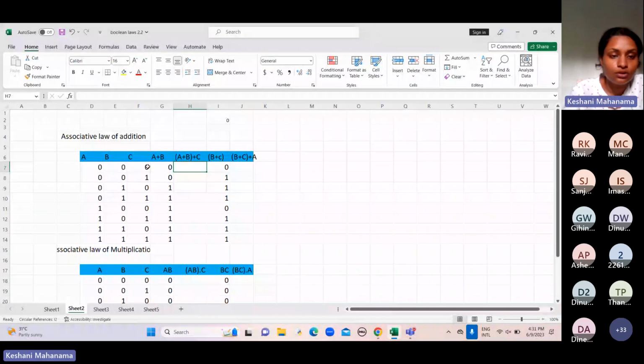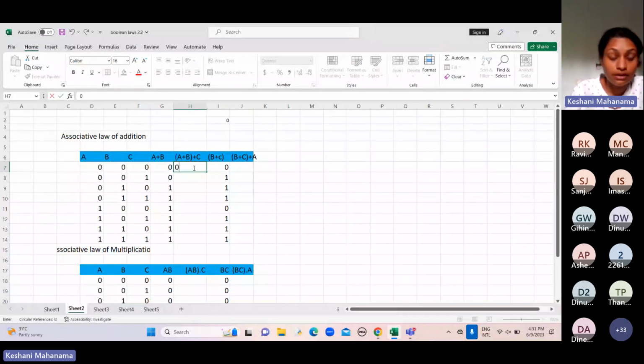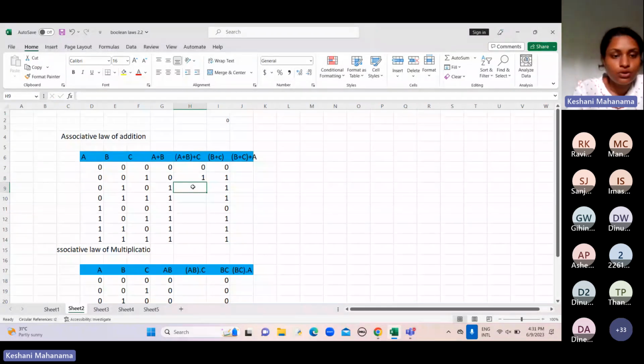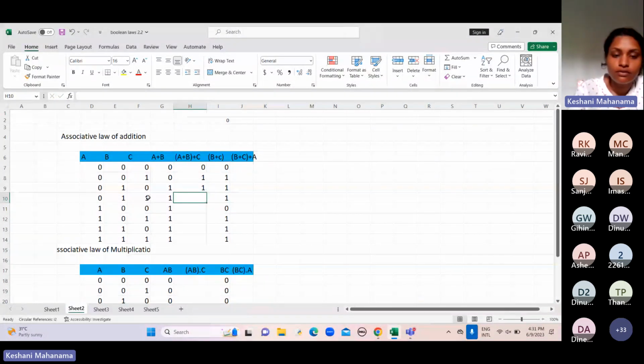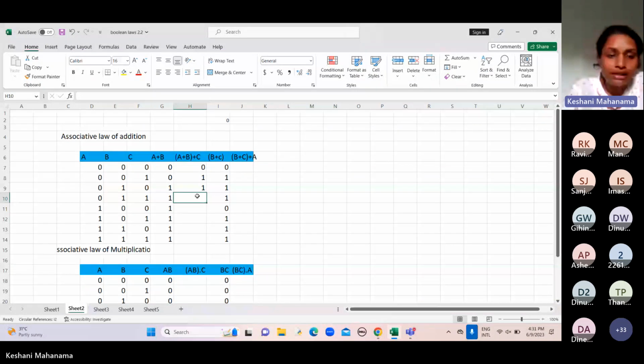So 0, 0, 0 gives 0. Then 1 plus 0 gives 1, because only one input is 1. Like that, we have gained the values for A plus B plus C.